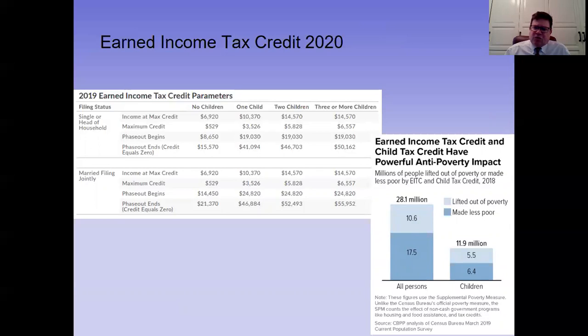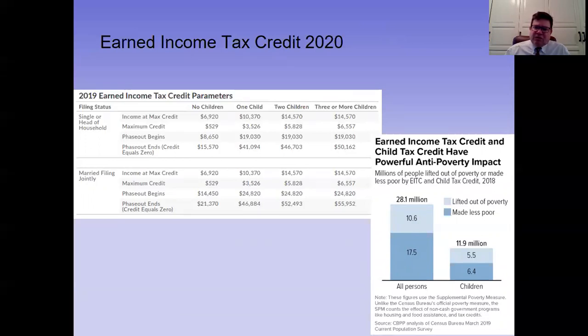So 28.1 million people are eligible or have used the earned income tax credit and child tax credit together in 2018. And it's lifted 10 million people out of poverty, as well as making 17.5 million people less poor. And it's also benefited millions of children in the United States.